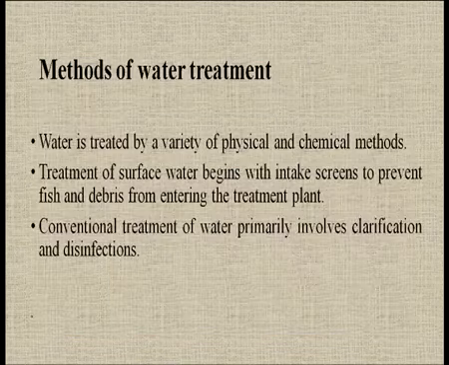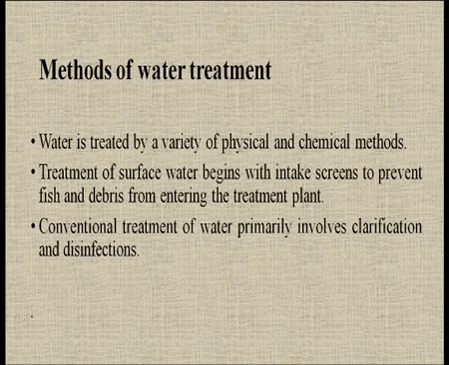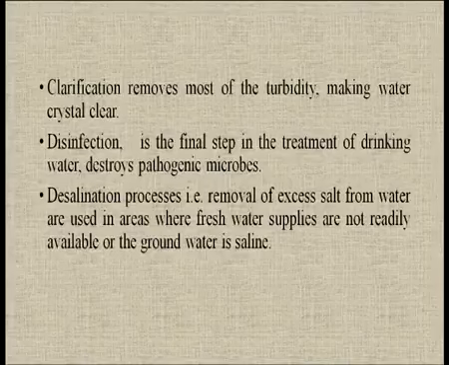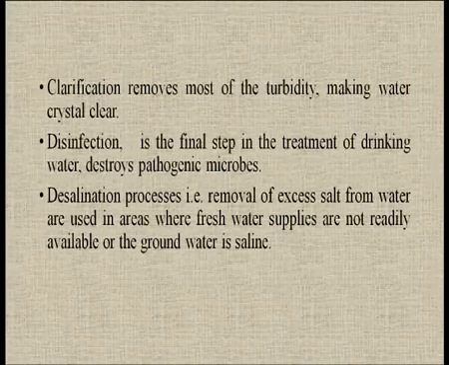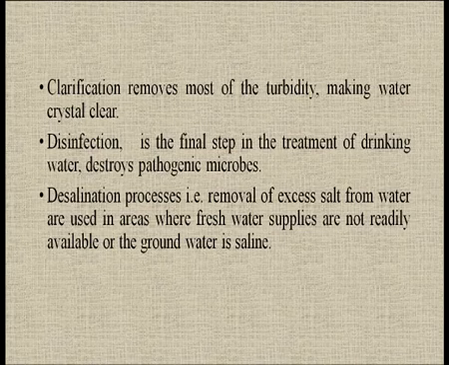Treatment of surface water begins with intake screens to prevent fish and debris from entering the treatment plant. Conventional treatment of water primarily involves clarification and disinfection. Clarification removes most of the turbidity, making water crystal clear, and disinfection removes the pathogenic microbes.